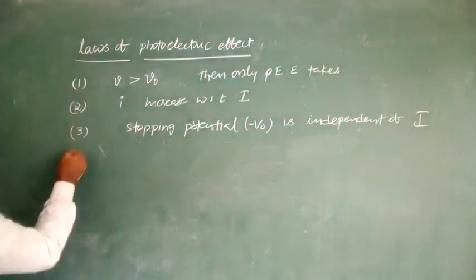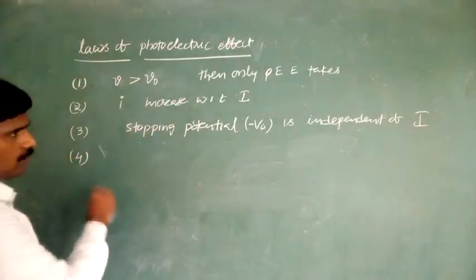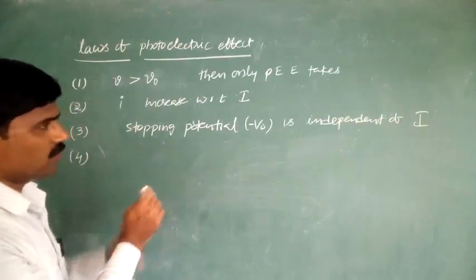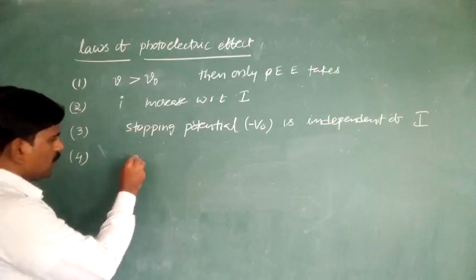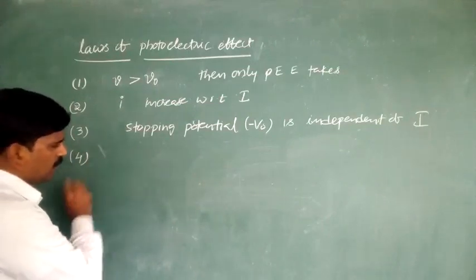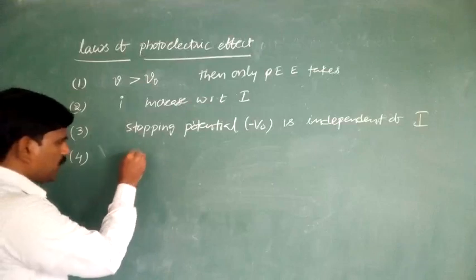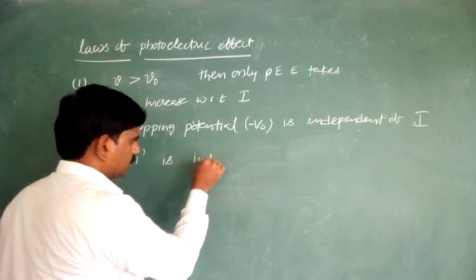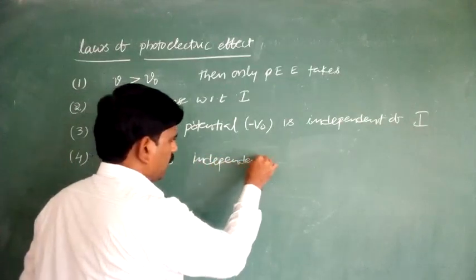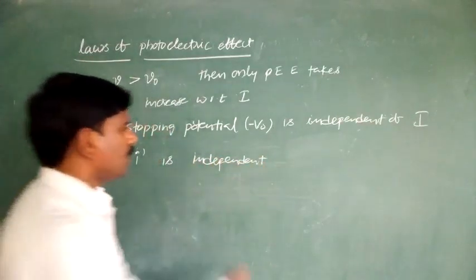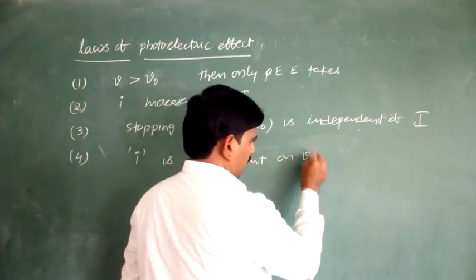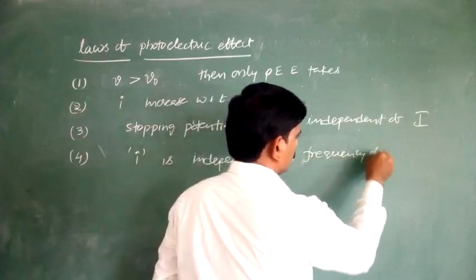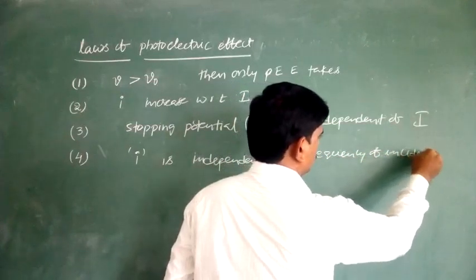Next, fourth one. What is the fourth one? Observe this one, that is the frequency of the incident radiation. Saturation current, that is I, is independent of the frequency of incident radiation.